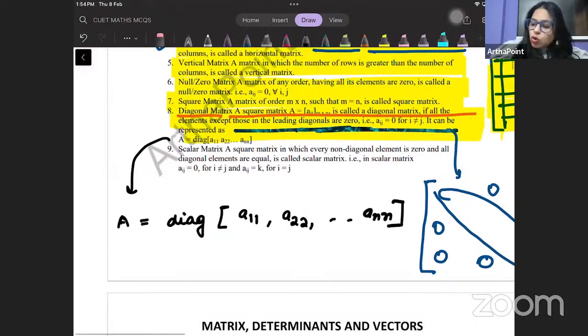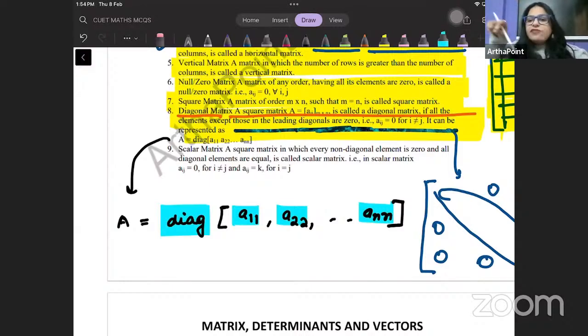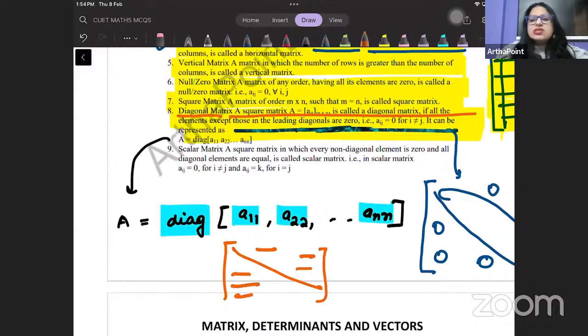Whatever are my diagonals, I only need to put values on them. Other than that, everything is 0. I need to just fill in this principal diagonal and everything else is 0. Okay beta, come to the next one.